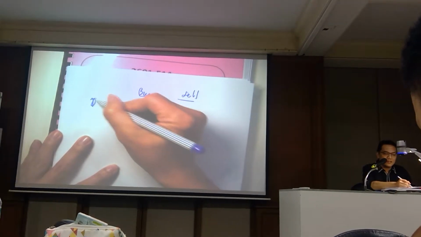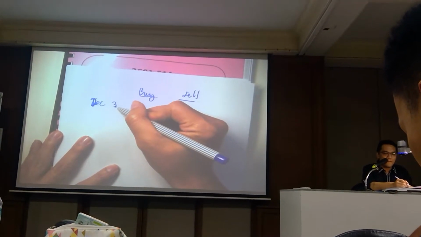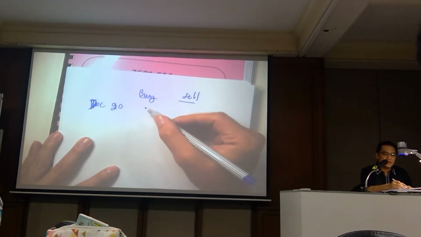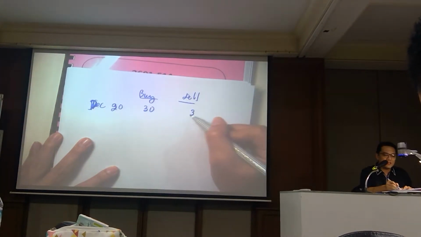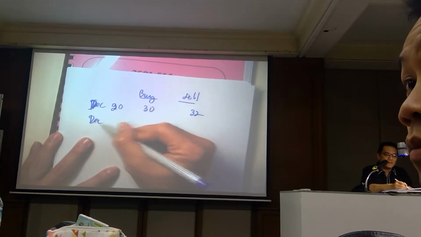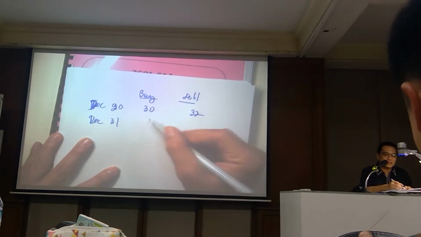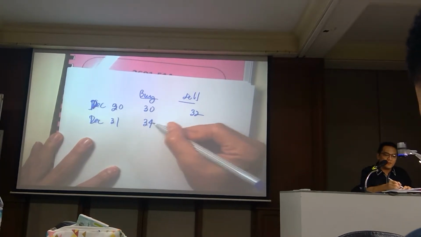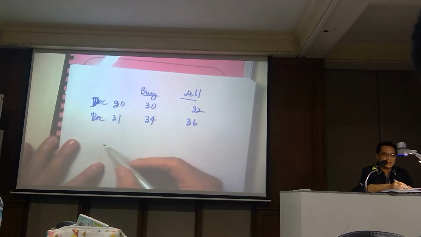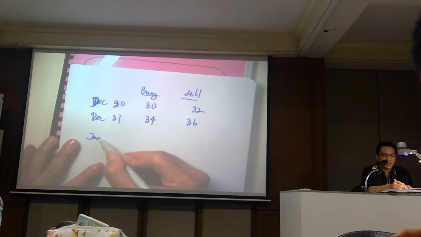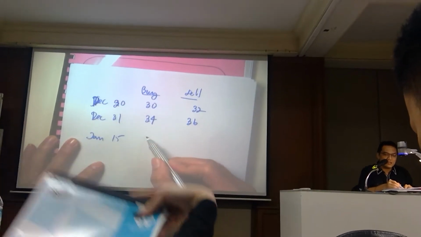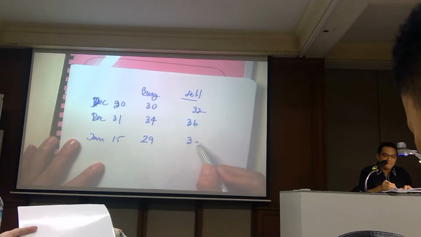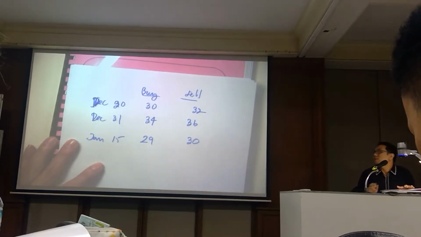On December 20, the rates are 30, 32. December 31st is going to be 31, 34, 36, like this. And on January 15, it turns out to be 29, 30.